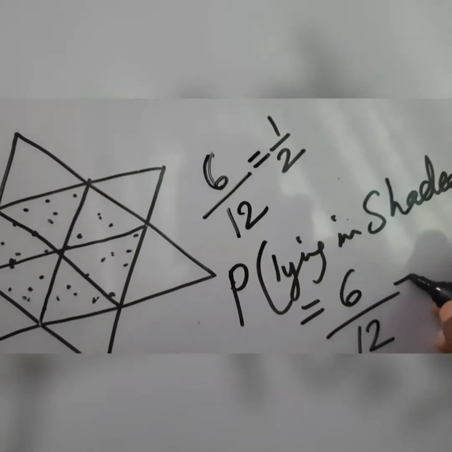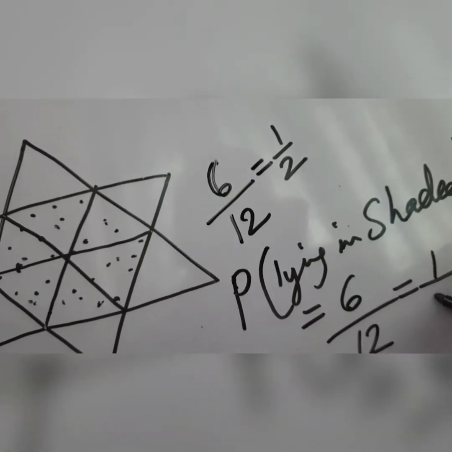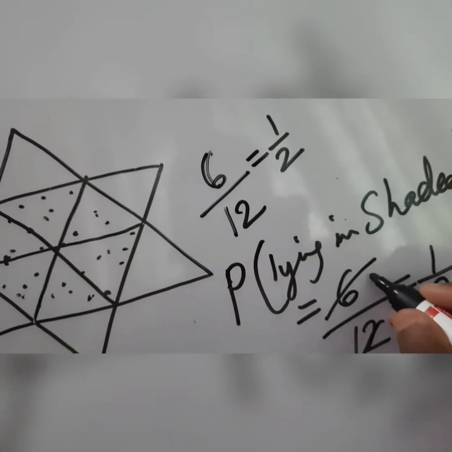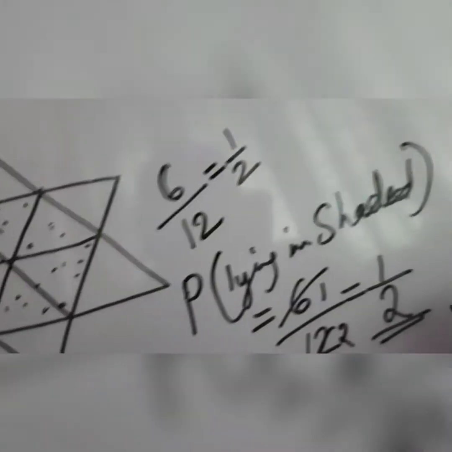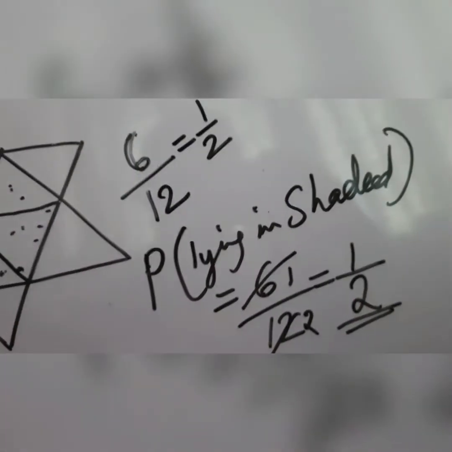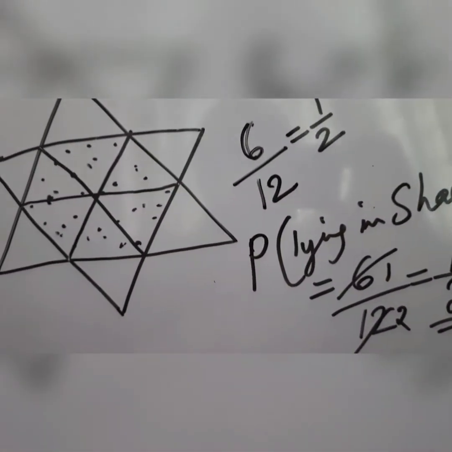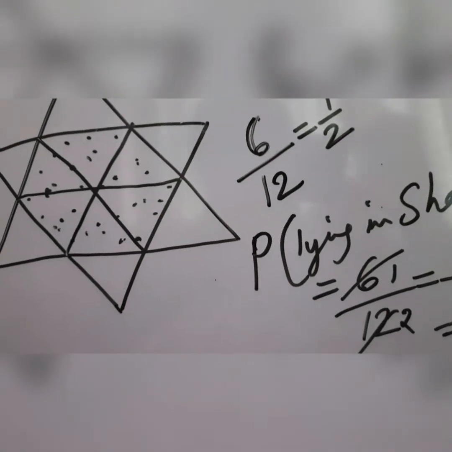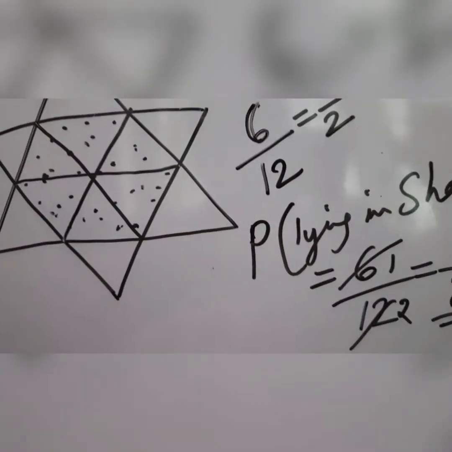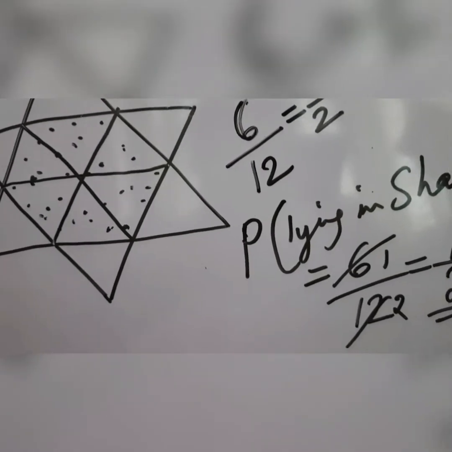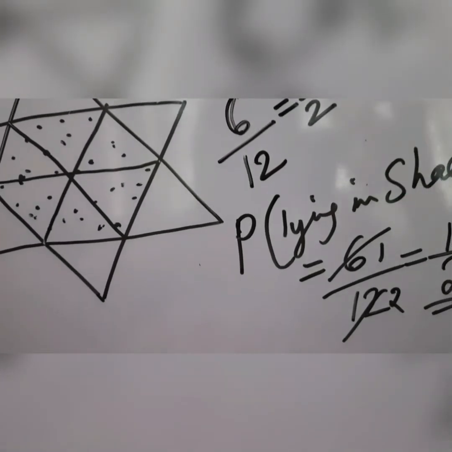So this is equal to 1 by 2. We can cancel 6. That is 1 time, here it is 2 times. That is, the answer is 1 by 2. This method is easy. So if there is a chance to make the figure into equal parts, that is easy to find.